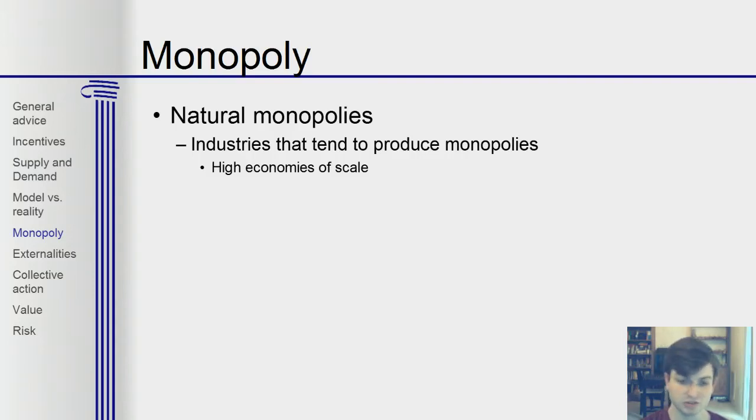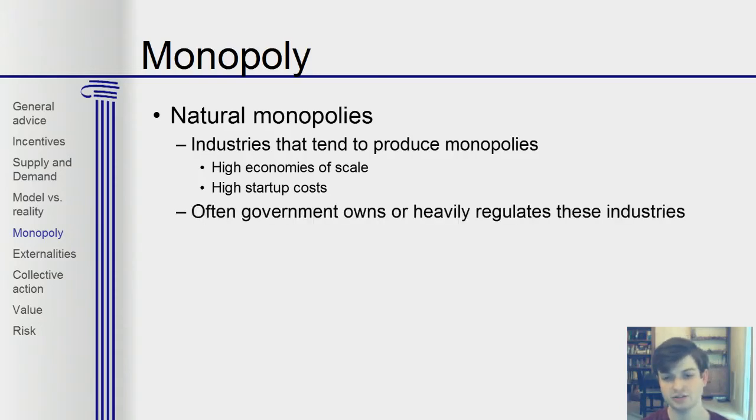If this is true, then the biggest company faces lower costs than all the other companies and can charge a lower price, and then that drives more business towards that company, which then can have more scale and charge an even lower price, and so forth, and this continues until they become a monopoly. It can also happen if you have high startup costs, if it's really expensive to get into the industry in the first place. Then the people in the industry already have an advantage.